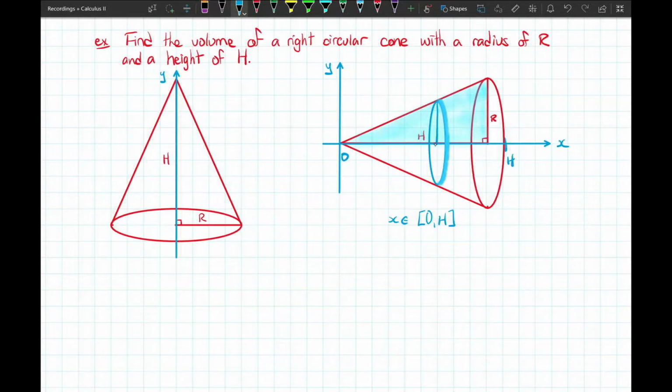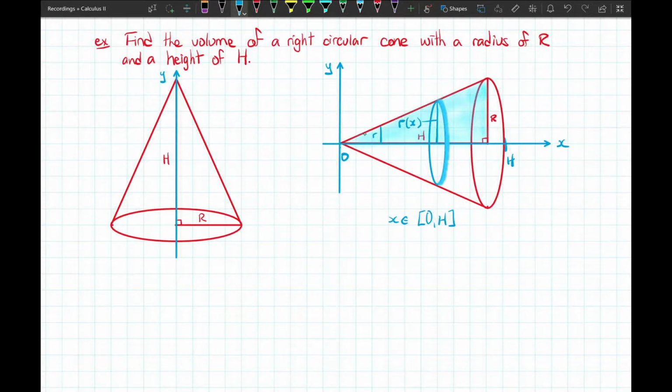Now we need to figure out the radius of this cross section. Let's label that little r. Little r here will vary depending on where we are looking at each of these disks. r is going to be all the way from 0 up to capital R. But what we really need here is r to be a function of x. Well, r of x is just simply the distance from 0 to this diagonal line.